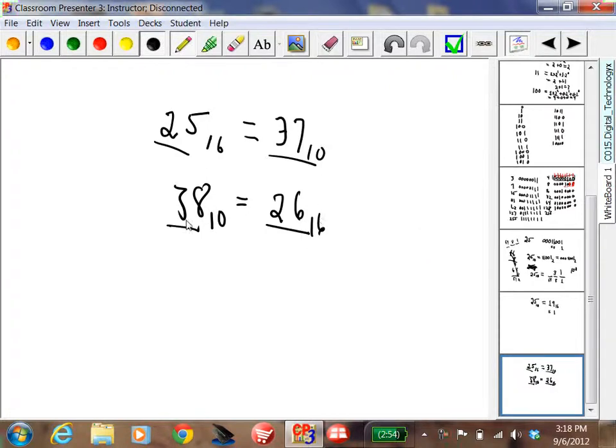But now let me ask you this: how much is 38? How would you express it in binary? Well, you've got to figure out how many places it would take.